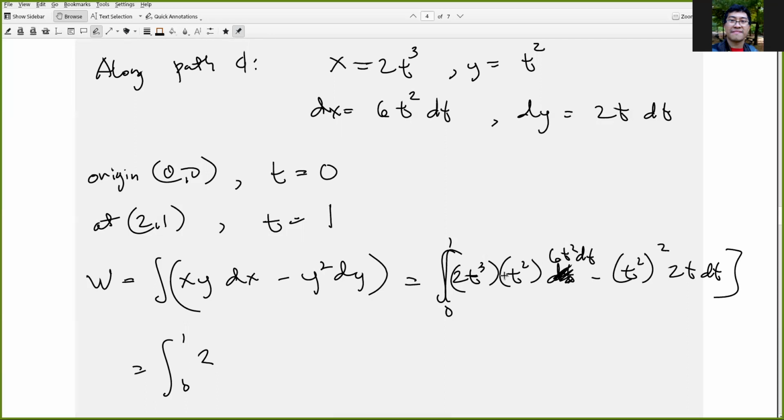So you have 6 times 2, that's 12, t to the power of 7, minus, so this is t squared squared, that's t to the power 4 times t, that's t to the 5 times 2.